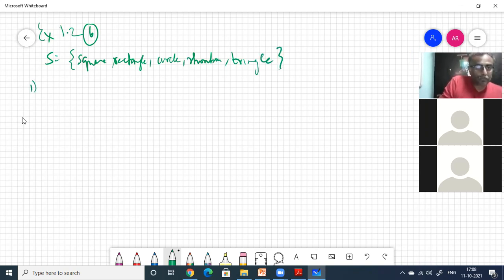Now, okay, first answer who's going to give? The set of shapes which have 4 equal sides. Okay, you always put A and you give. Somebody can write.